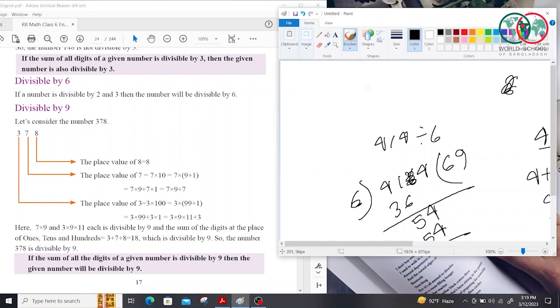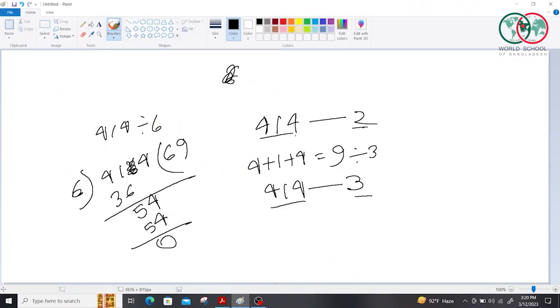How do we find out whether a number will be divisible by 3 or not? We add all the digits, and if the sum is divisible by 3, then it is divisible by 3. Similarly, if the sum is divisible by 9, like 414, 4 plus 1 plus 4 equals 9. Is 9 divisible by 9?